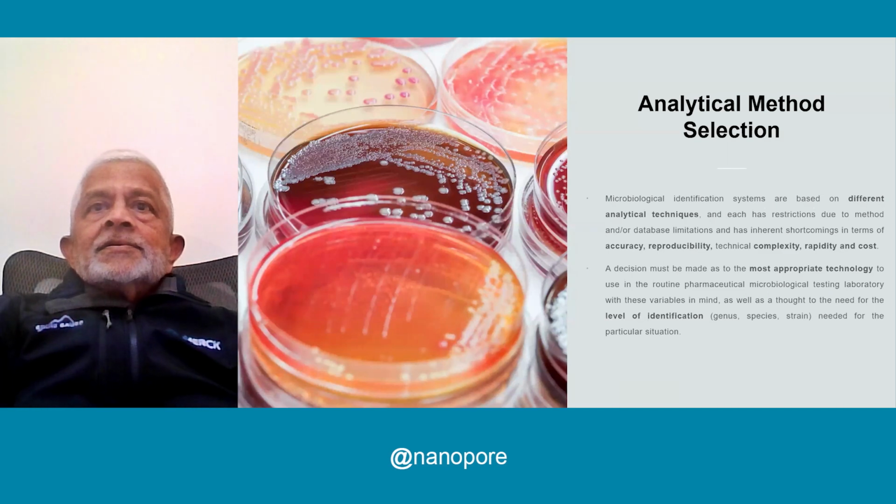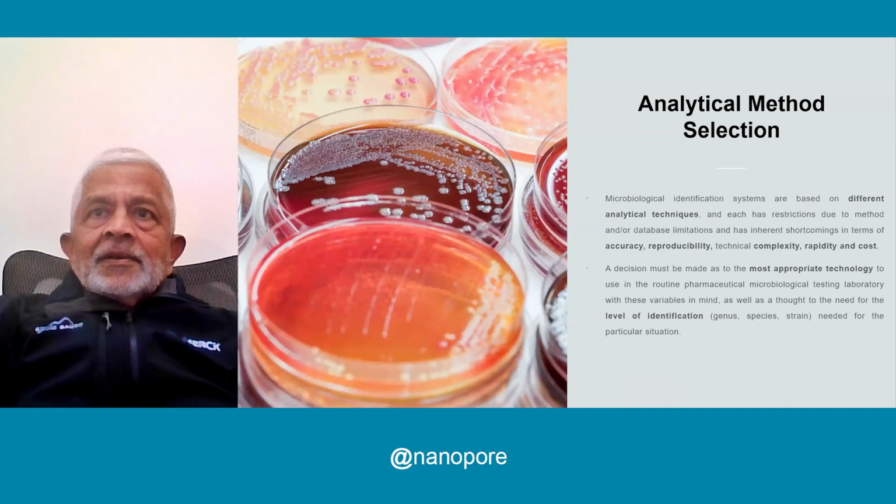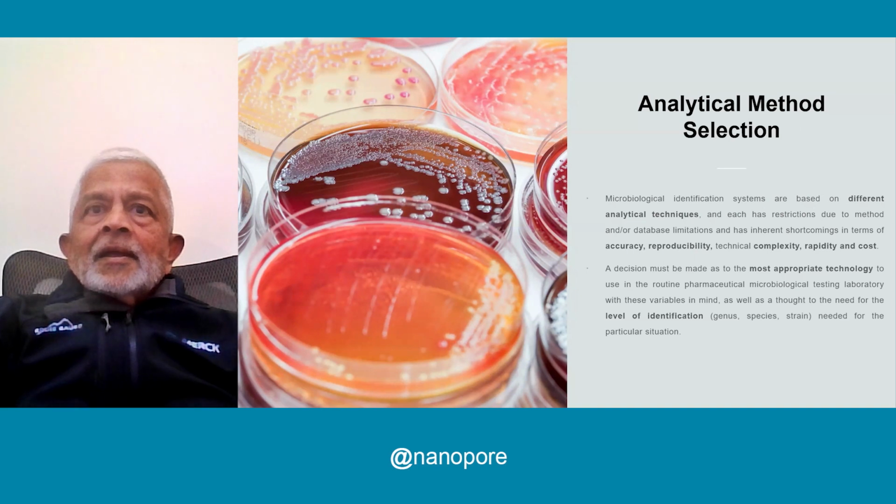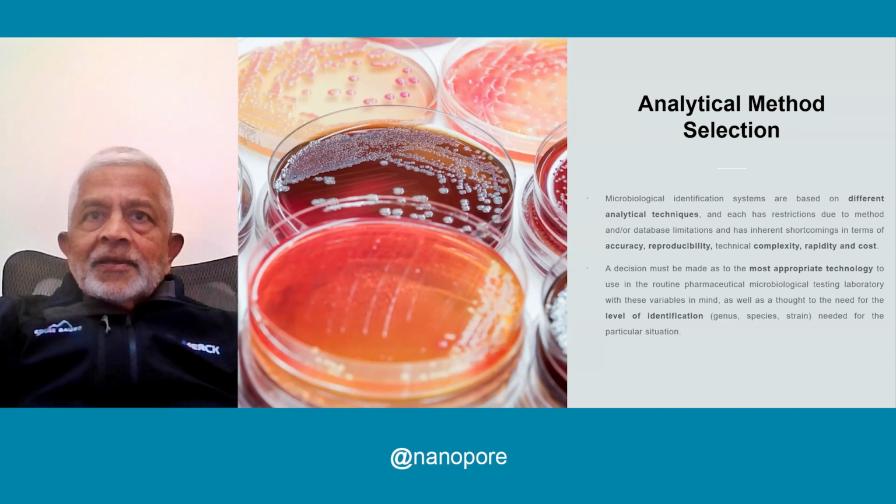There are various microbial identification technologies or systems available, based on different analytical techniques, and each of these methods has its own advantages and disadvantages. You would need to make a decision on what kind of identification method or technology is appropriate for your use.